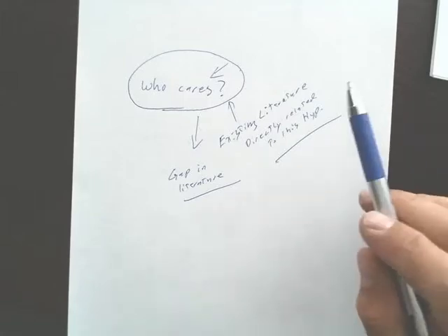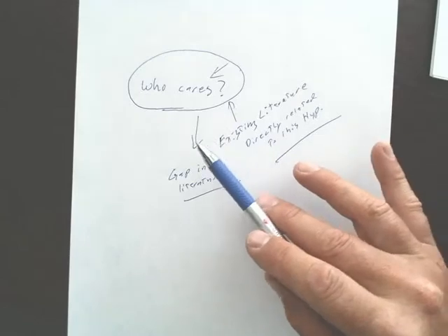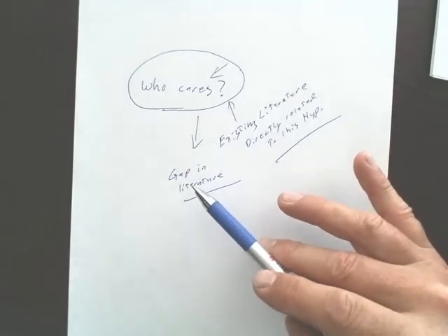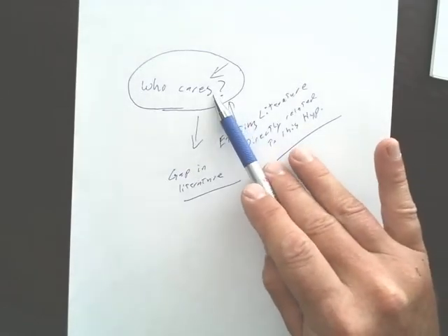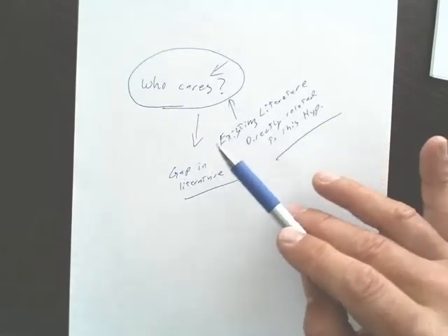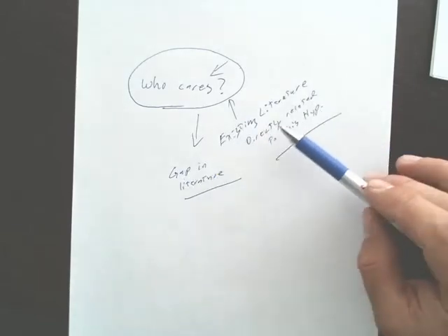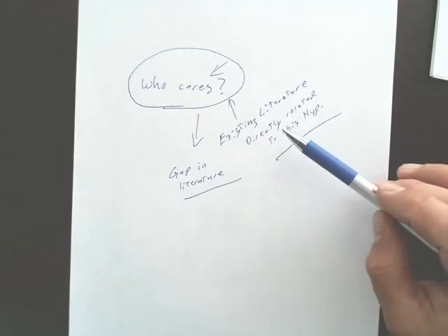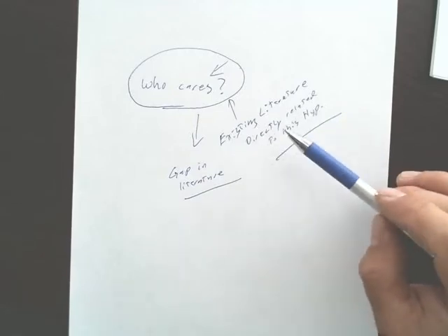But it's going to behoove you, in supporting whether your topic is interesting or not, to check for these two things. Is there a lot of existing literature out there? Do you see a lot of chatter online?